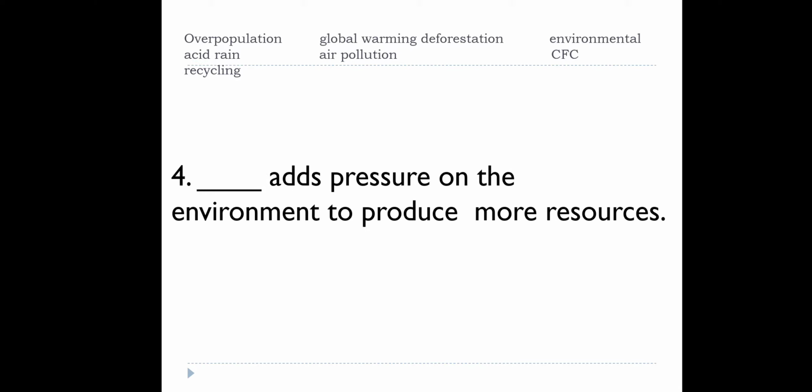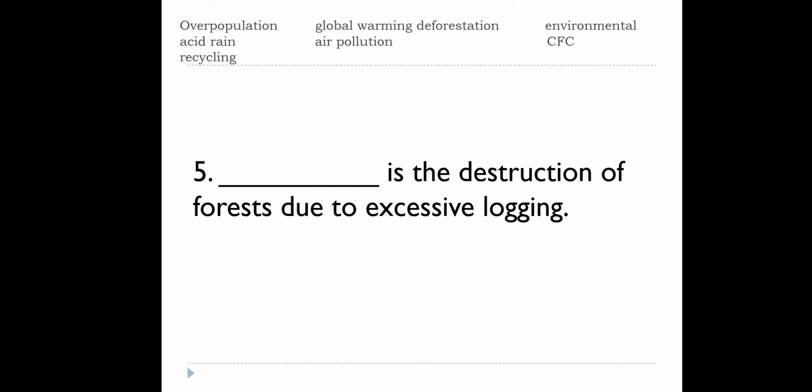Question number 4. Blank adds pressure on the environment to produce more resources. Question number 5. Blank is the destruction of forest due to excessive logging.